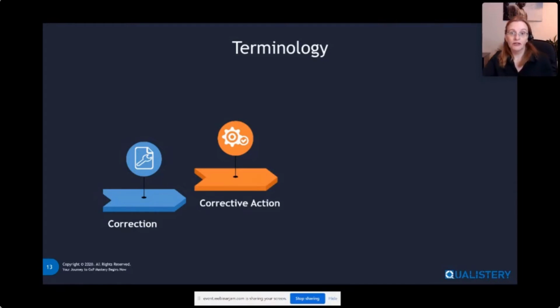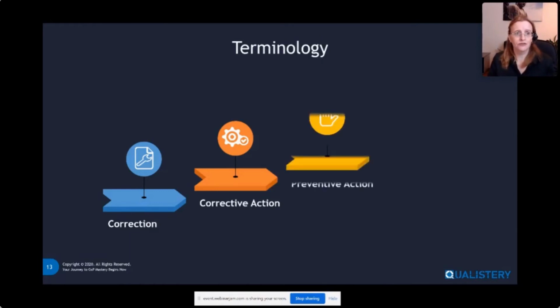And then if we go and look at a different area, let's say our compression machine in area A has had an issue, and we put that right, that's our correction, and then we put in some more corrections in area B and C. They're the same type of compression machine. That is still a corrective action because you know that it's gone wrong in machine A, and therefore correcting it in machine B and C are still corrective actions. They're not preventive because it has already gone wrong, and this is where the confusion lies.